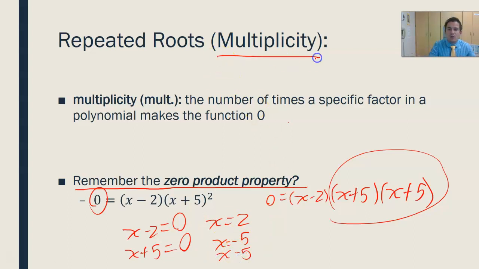It has a multiplicity of 2. There are 2 occurrences where negative 5 is a solution to this function. So this exponent of 2 means there's a multiplicity of solutions in this specific factor. In this case, x plus 5 squared means that the solution of negative 5 pops up twice.